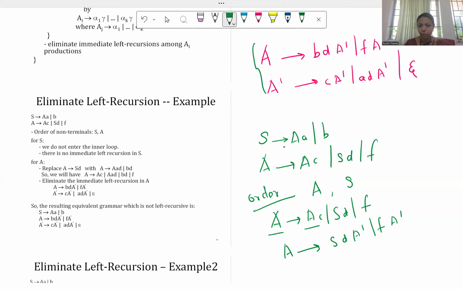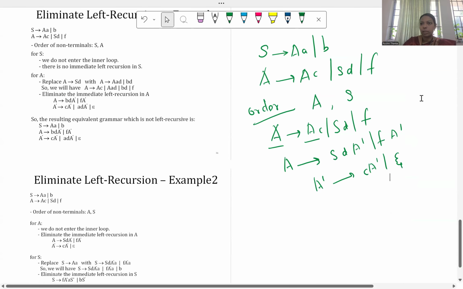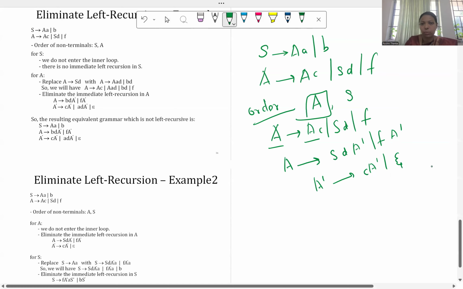And according to the normal elimination, what is A dash? A dash is CA dash, and introduce an epsilon. So we are done with A. A is over.